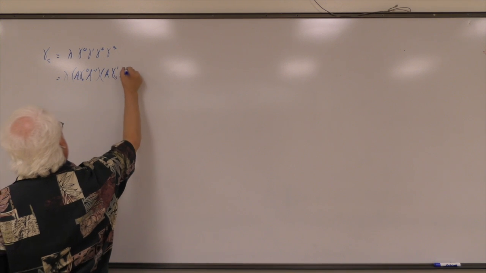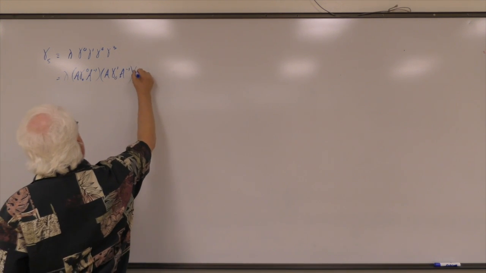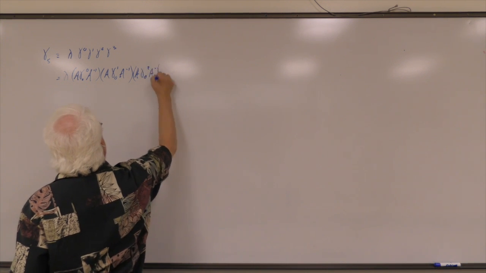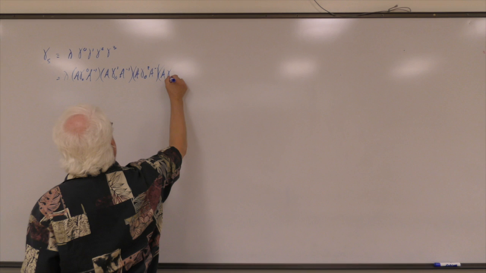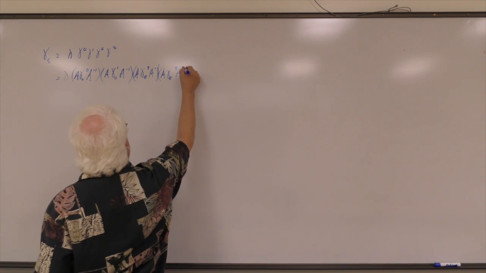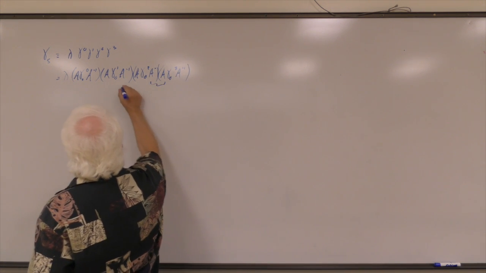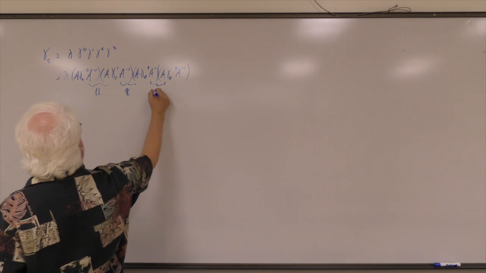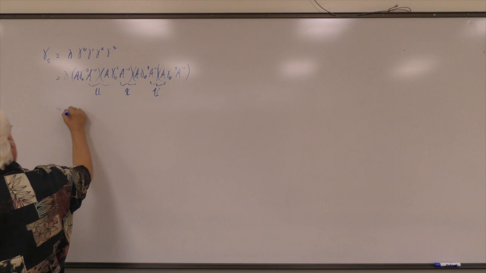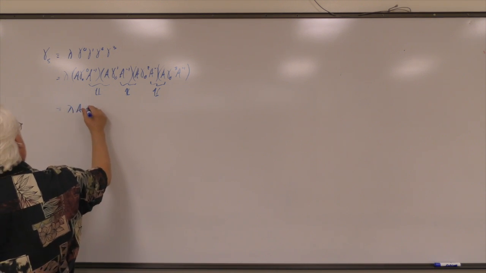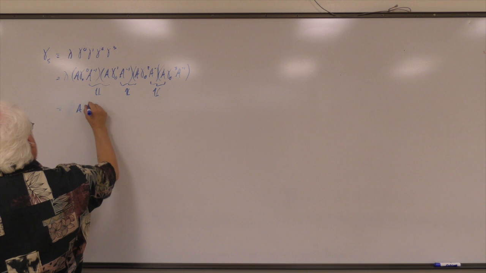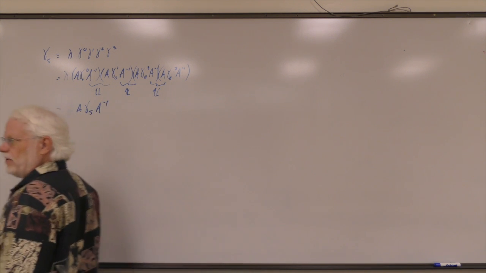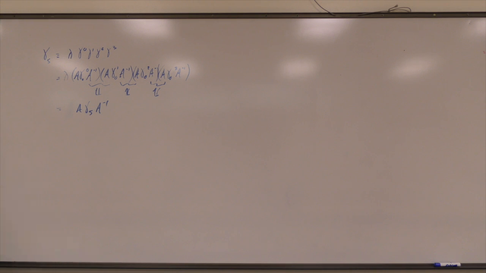You can see that all the A inverses here are going to cancel. So these adjacent pairs of A's and A inverses just give identities. And we're left with A gamma 5 A inverse. So we get gamma 5 in a new representation, the same new representation.